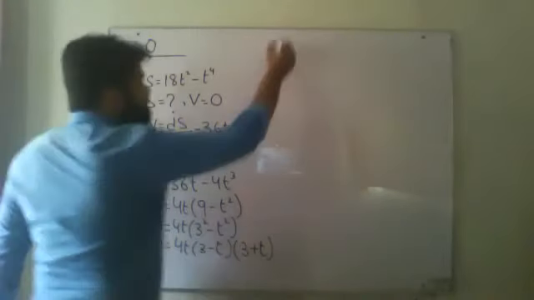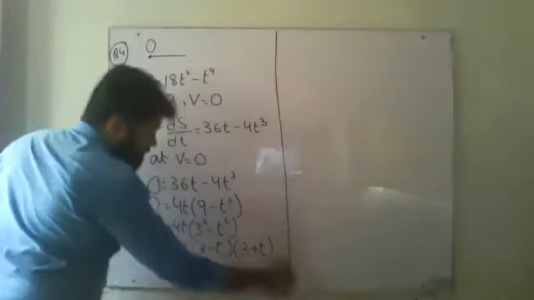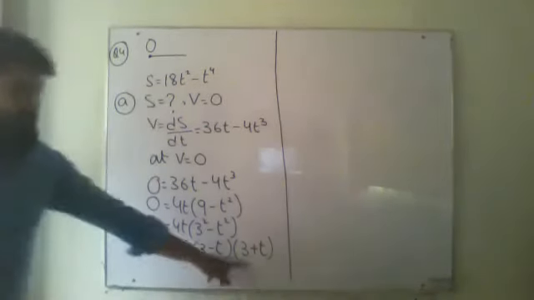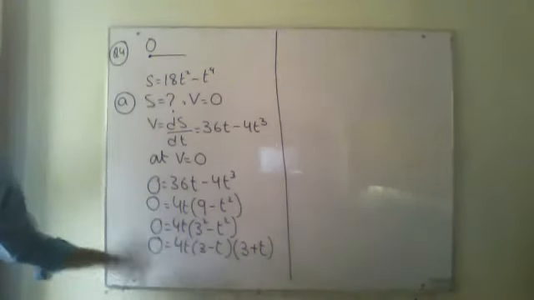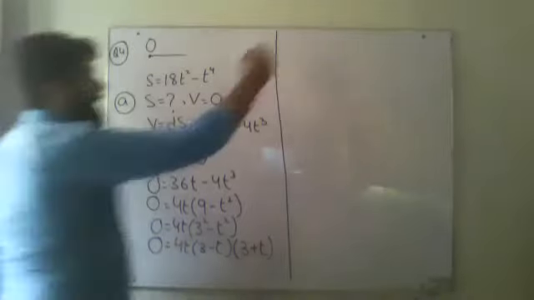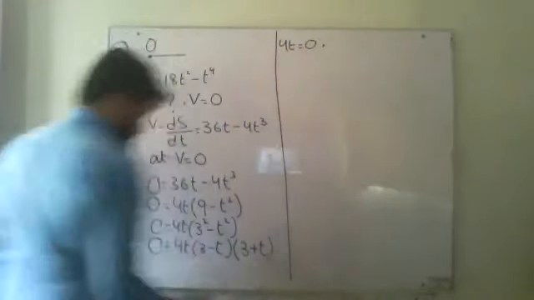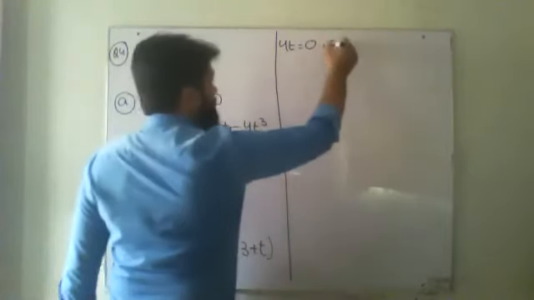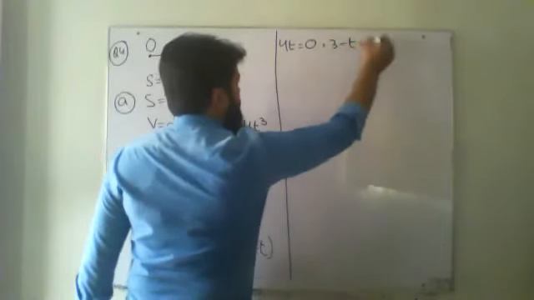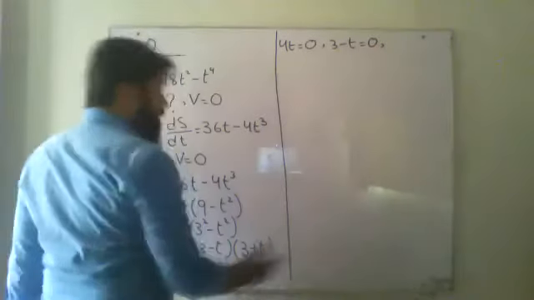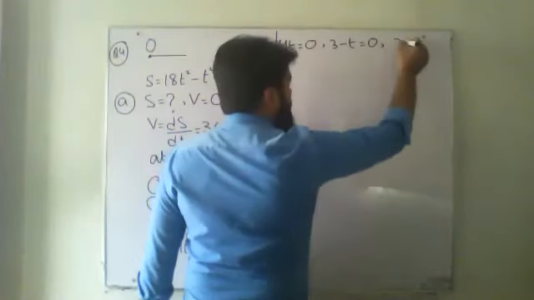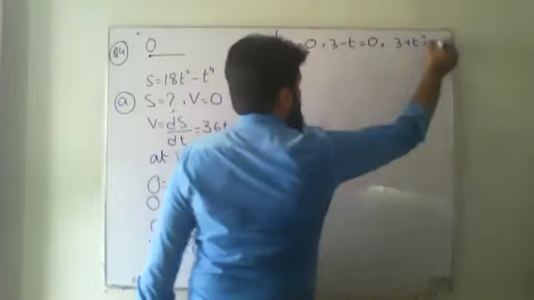Now, three products are there and the result is equal to 0. It means either 4t equals 0, or 3 minus t equals 0, or 3 plus t equals 0.